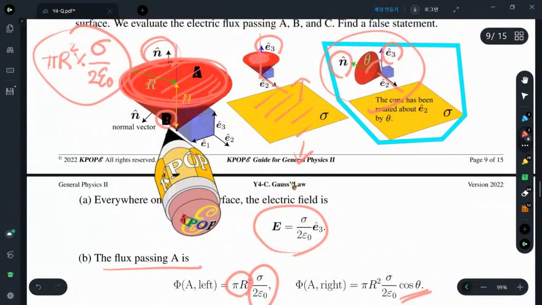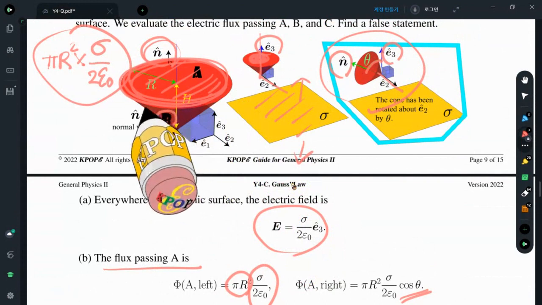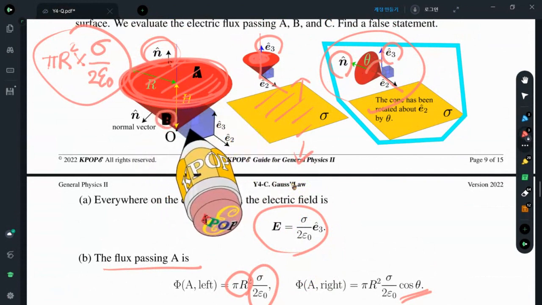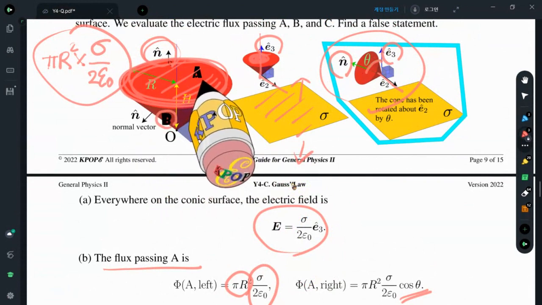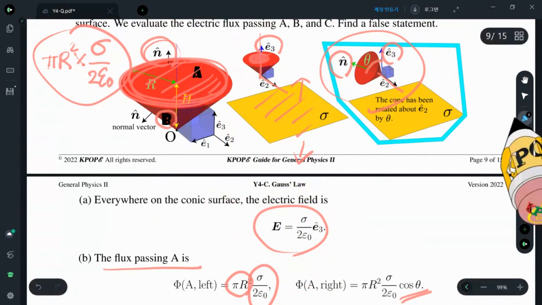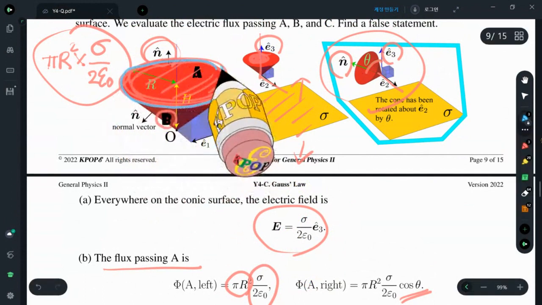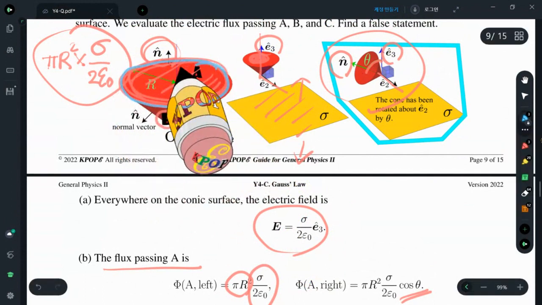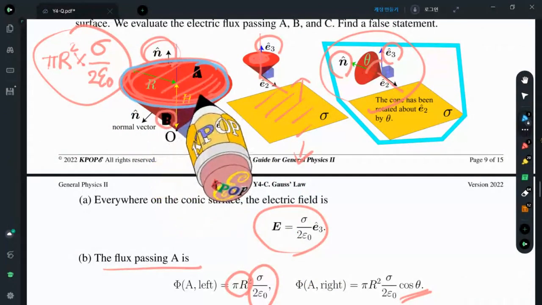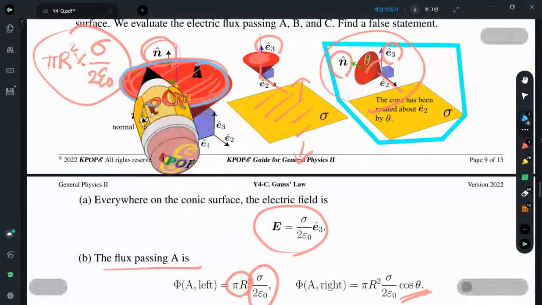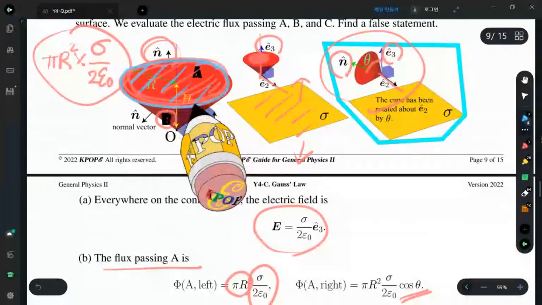Next, we have B. B has a strange shape, but don't worry. A and B share the same boundary, so you don't have to compute it. You just copy this result.